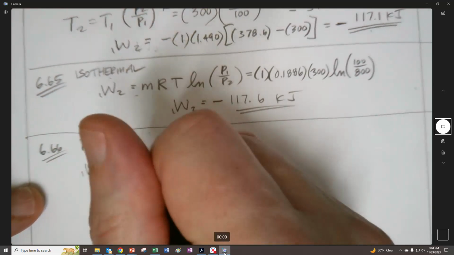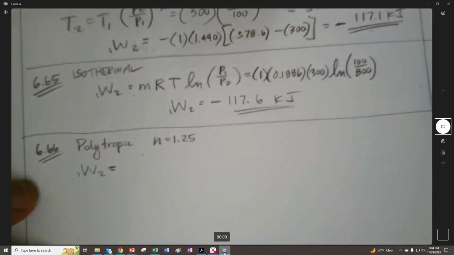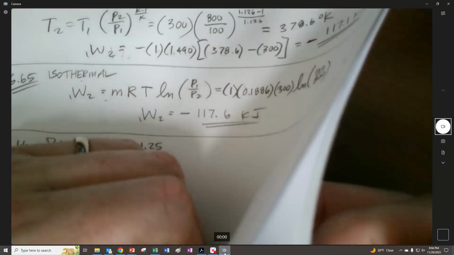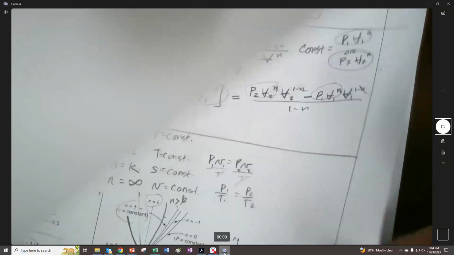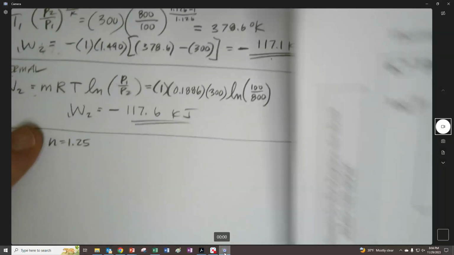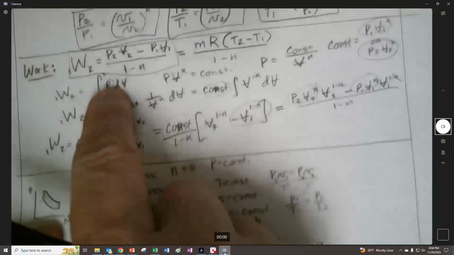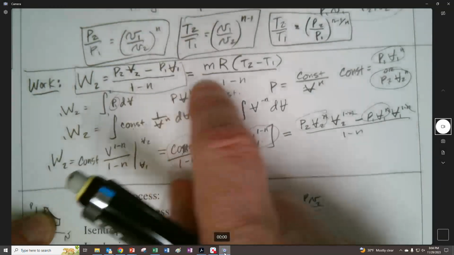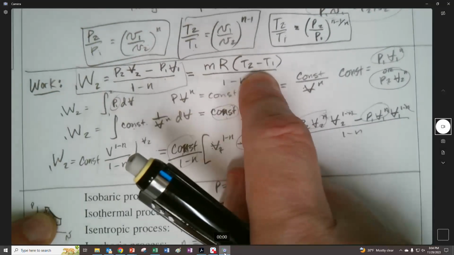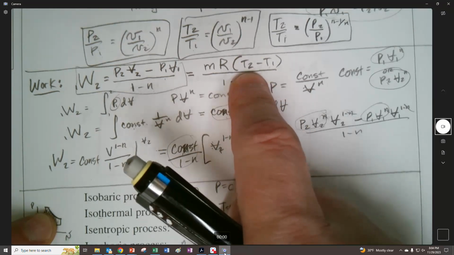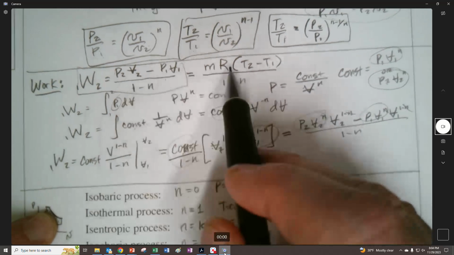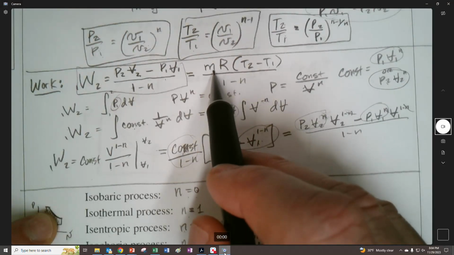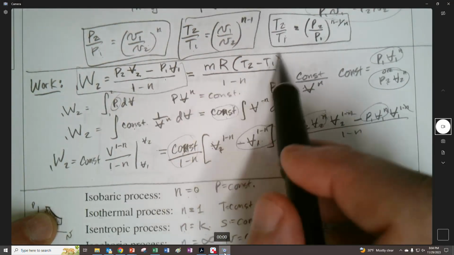Easiest thing for us to do maybe is to do this version of the work equation. I went the long way around in describing that in the beginning for the polytropic process, right? I said we had this one, but it also equals this one. This is going to be easier for us because we can find what the temperature 2 is going to be. Otherwise, we had to find out what the volumes are going to be. So we won't need this. We have the m. So this is the one we're going to write down.